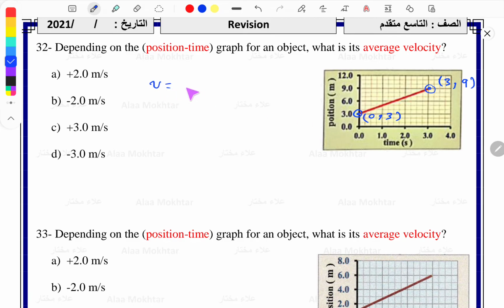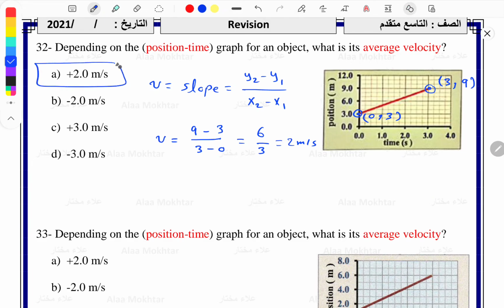Average velocity equals slope equals y2 minus y1 divided by x2 minus x1. The slope will equal 9 minus 3 divided by 3 minus 0. It will be 2 meter per second. This is the answer for the question.